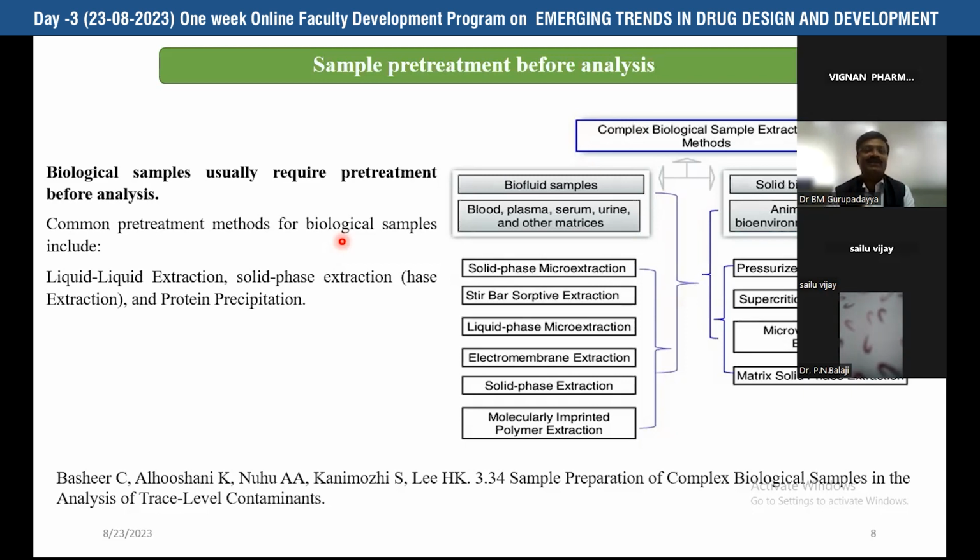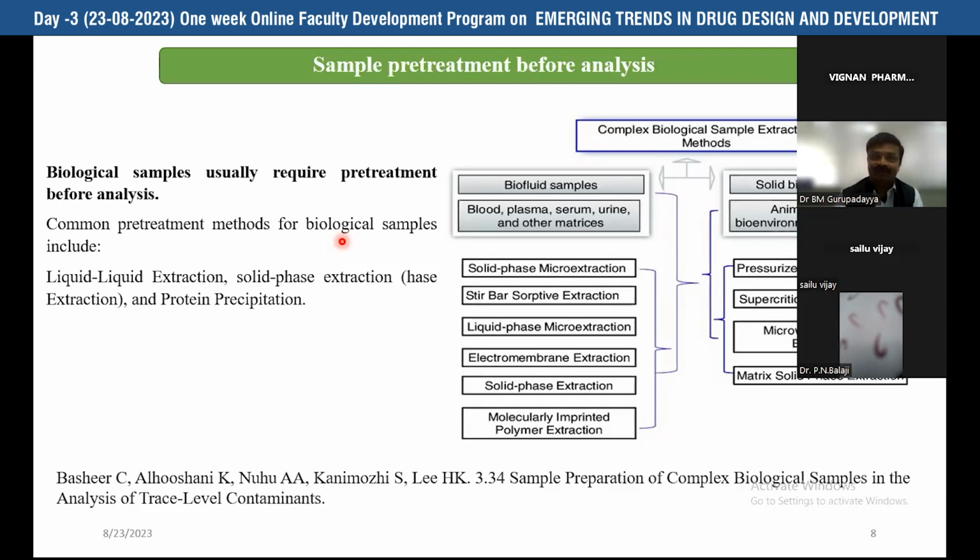This process we call the extraction process. This is one of the most important stages in bioanalytical methods, where we are supposed to identify a suitable extraction process so that the drug can be extracted. When there is a biological sample, the drug is generally associated with different types of proteins in the blood, so extracting the drug from the proteins associated in the blood is a very difficult task.